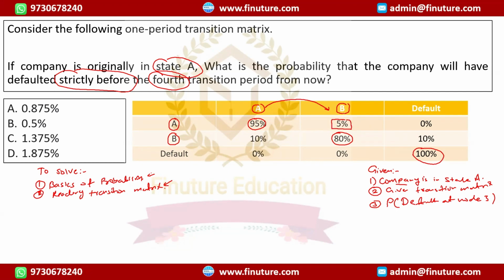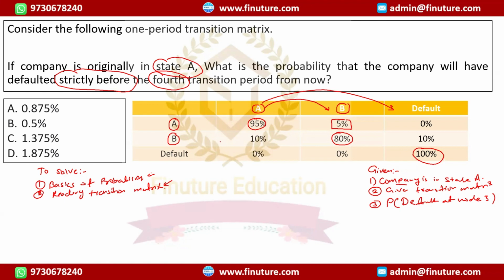Now A will default is a 0% probability. So essentially when you are on the row items, you have to move from left to right to read the probability that A will be downgraded to B is 5%. A will default is 0%.